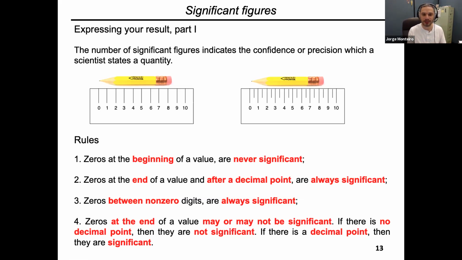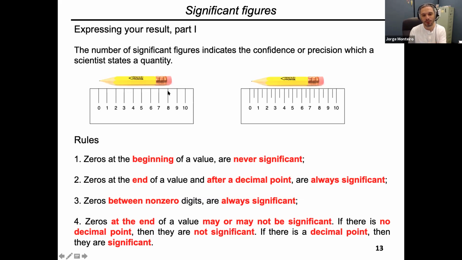Okay, let's take here a simple example. We have here a pencil, and we would like to measure the length of the pencil. The first ruler has 1 unit increments. So we can say for sure that the length of the pencil is between 8 and 9, so closer to 8.